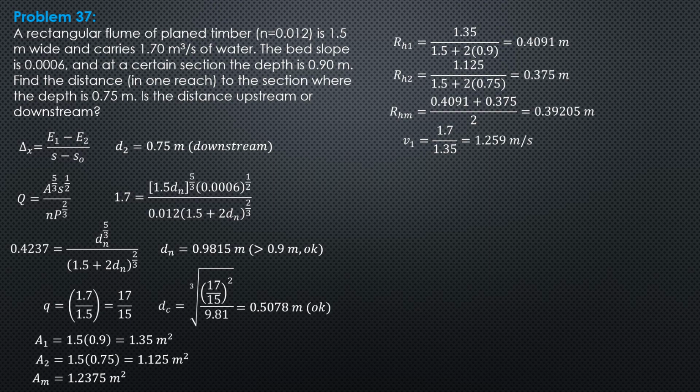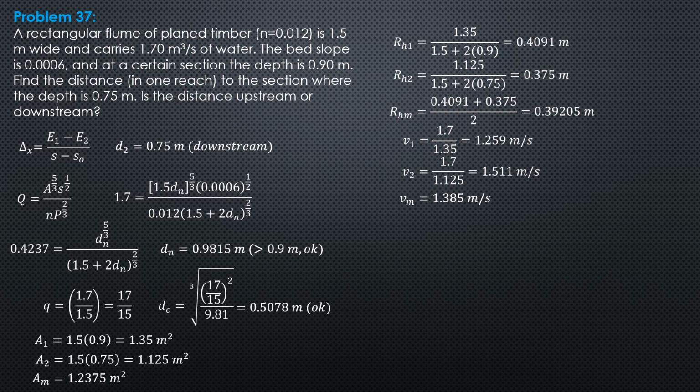From here, we can solve the velocity. V1 is Q over area 1, so 1.7 over 1.35, 1.259 meters per second. V2 is Q over area 2, 1.7 over 1.125, 1.511 meters per second. So the average velocity is 1.259 plus 1.511 divided by 2, 1.385 meters per second.